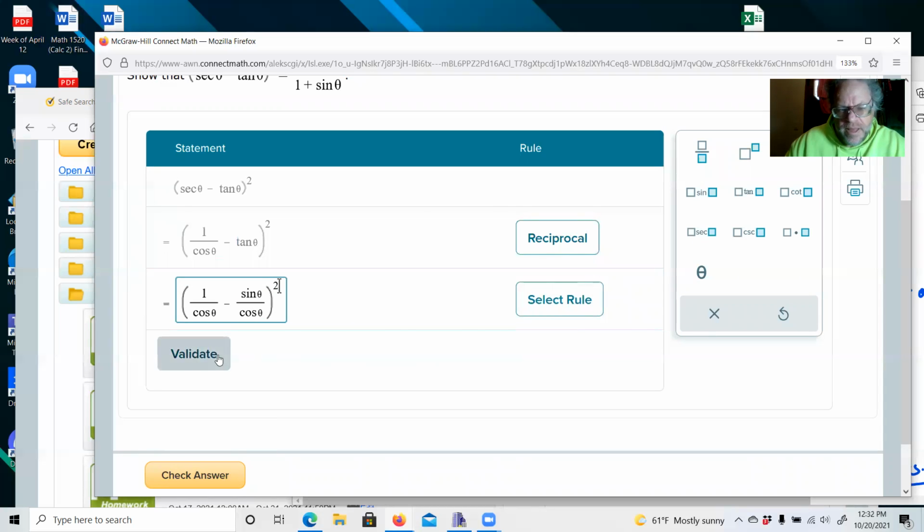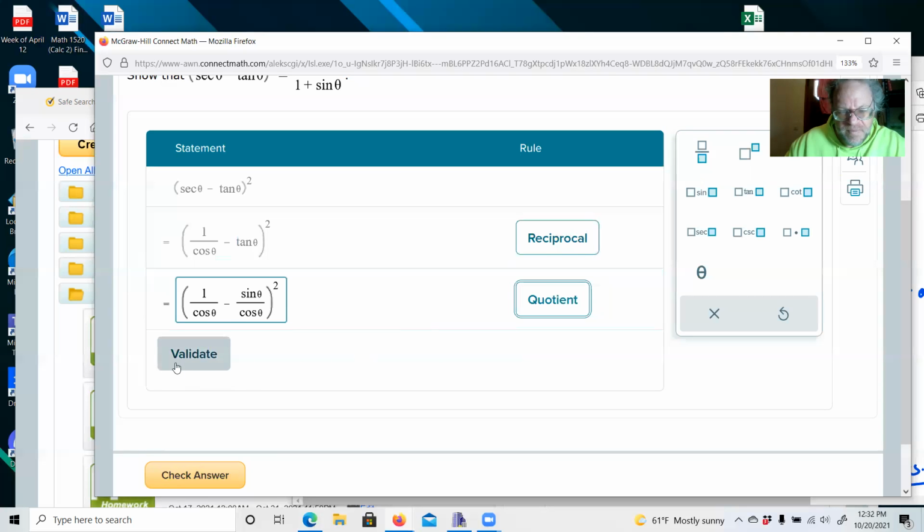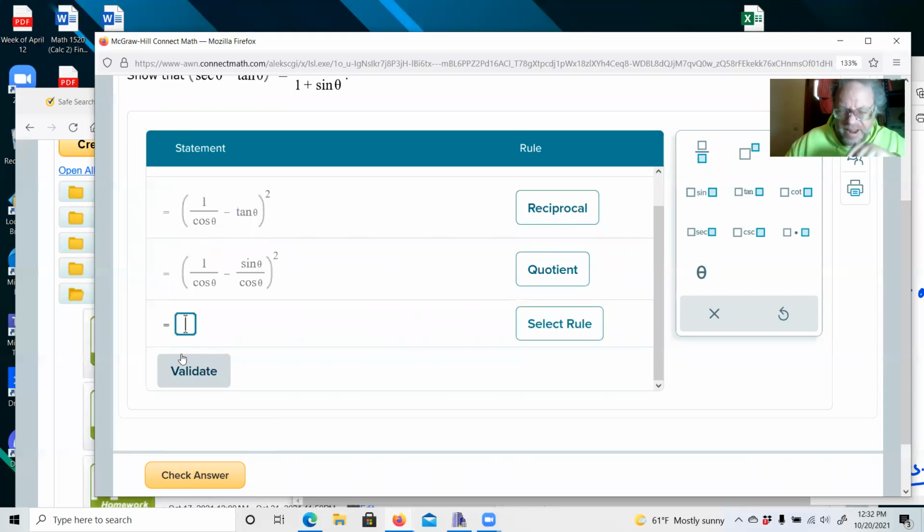And the rule we used was a quotient rule. They only want you to do one step at a time. So as soon as you've mixed and matched quotient versus reciprocal, that's where they're going to mark you wrong.